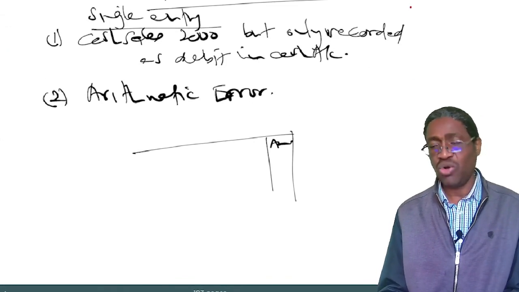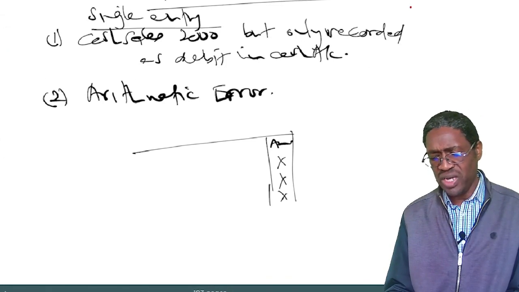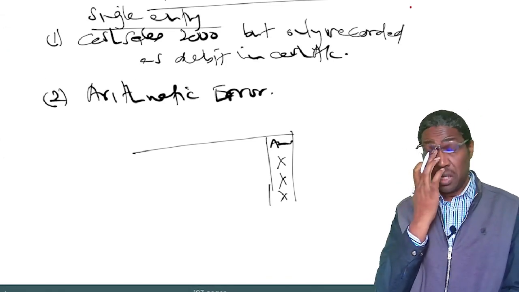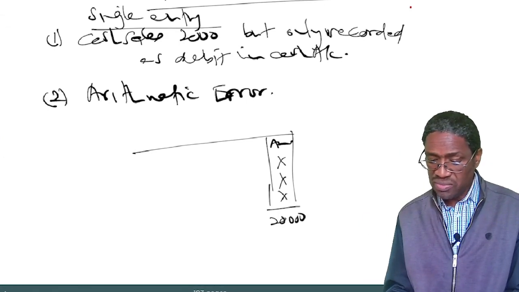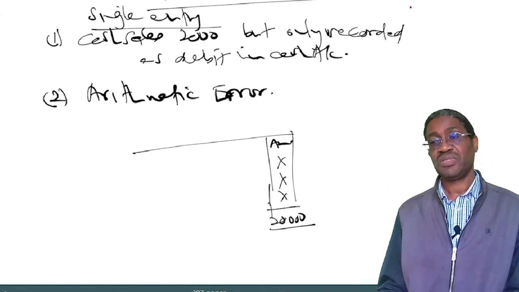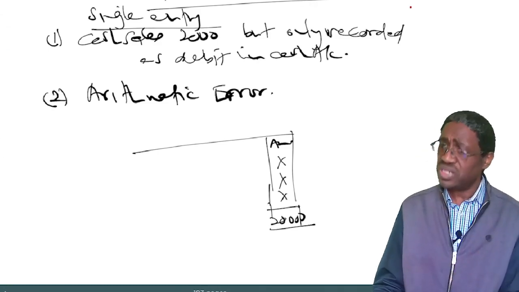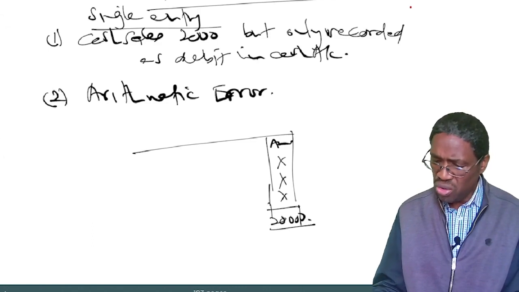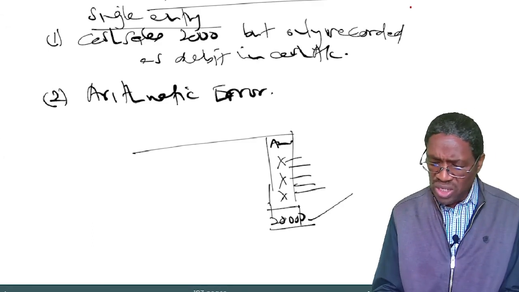Don't forget we had a column for amount. When you are adding these accounts of the various customers, you added them wrongly and you got 20,000 instead of 25,000. This 20,000, you obviously posted to the sales account. But it's wrong. Why is it wrong? Because you added these figures wrongly.